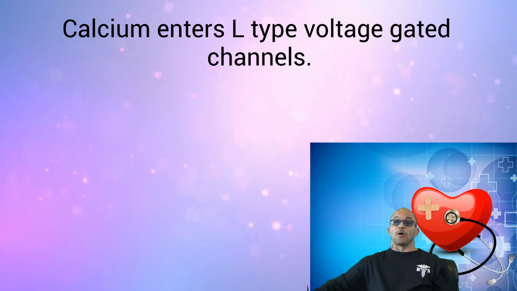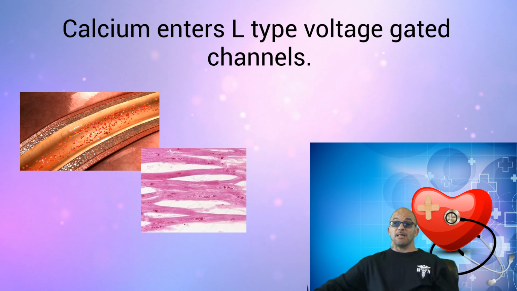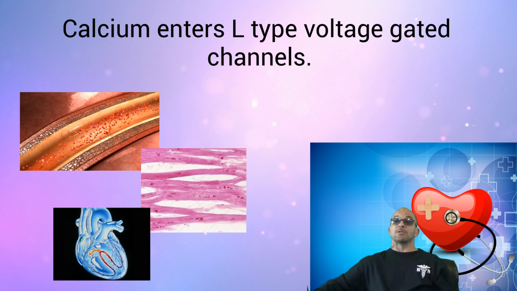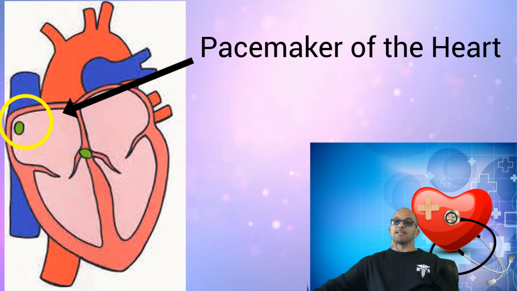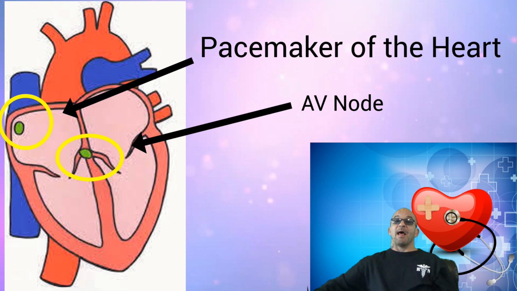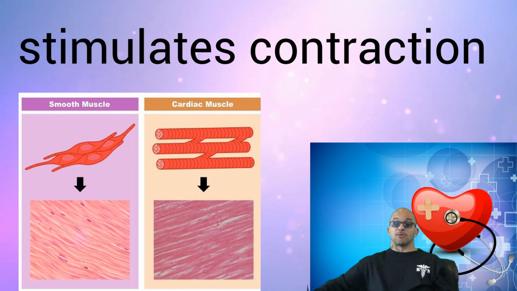These channels are located in vascular smooth muscle and also found in both the cardiac myocyte and cardiac nodal tissue. This includes the sinoatrial node, which is also known as the pacemaker of the heart, and the atrioventricular node. The entrance of calcium stimulates contraction of smooth muscle and cardiac muscle.